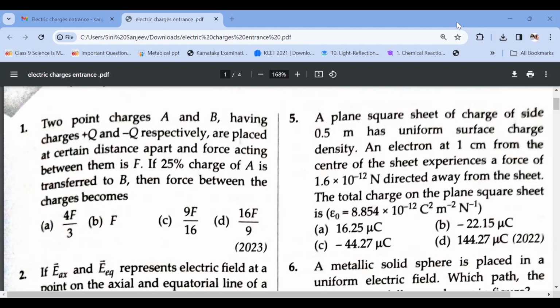Or if you want to try, you can try this question. Any answers, guys, from you?